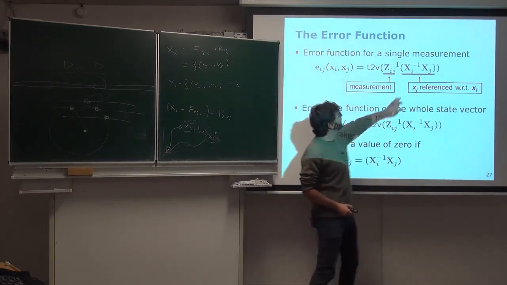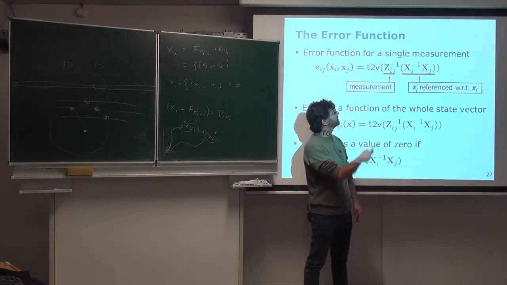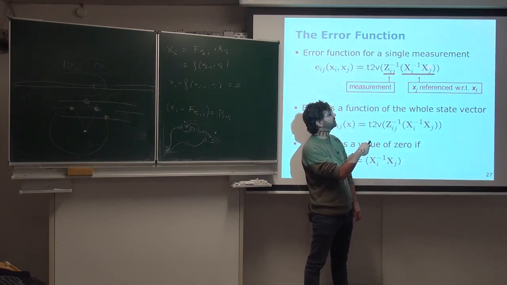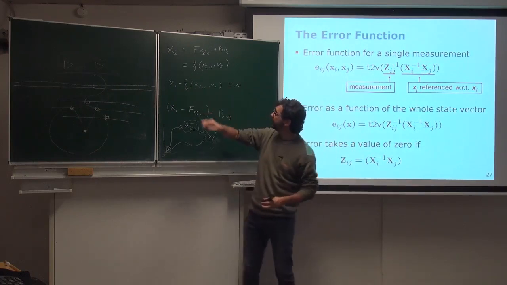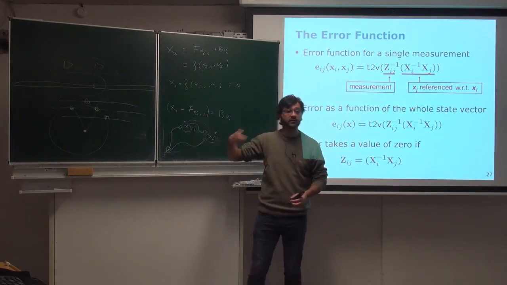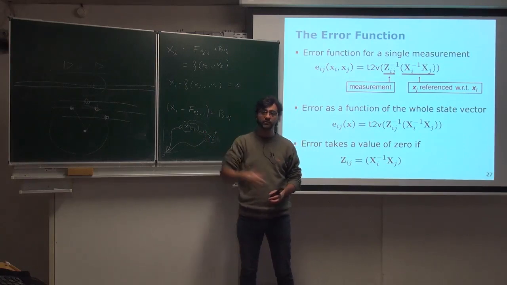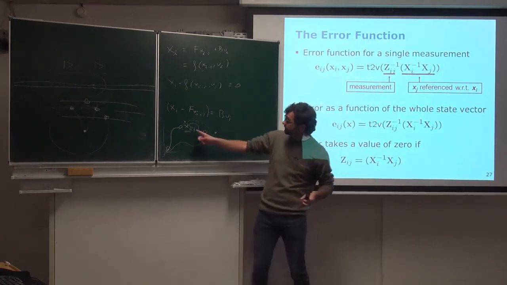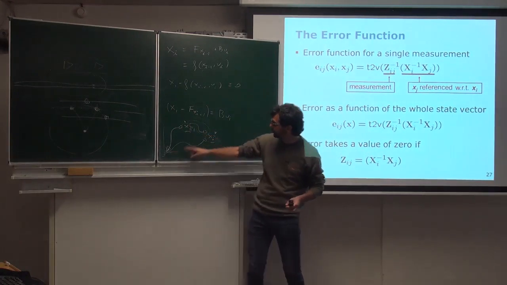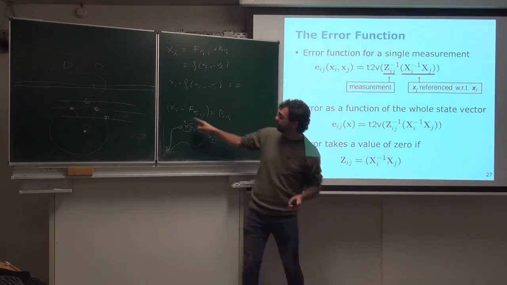My function now is the inverse of one transformation multiplied by the direct transformation. Z, again, we can express this transformation as a transformation matrix, and we then invert it because one goes from here to there, and then we want to go backwards.